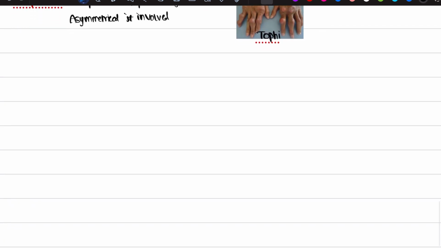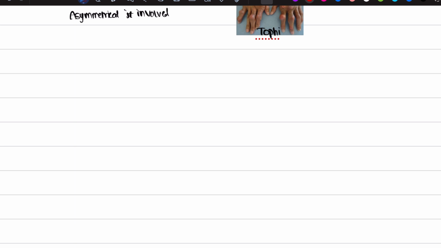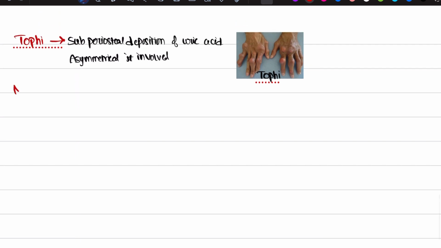So it will also cause, let me write it, nephrolithiasis. Nephrolithiasis means stones in the kidneys. This is nephrolithiasis.